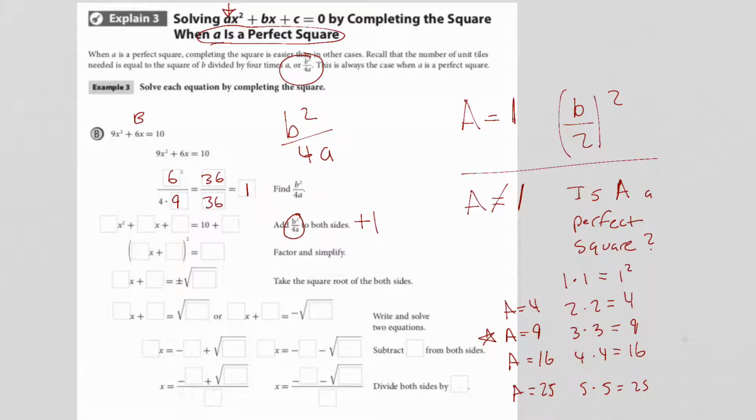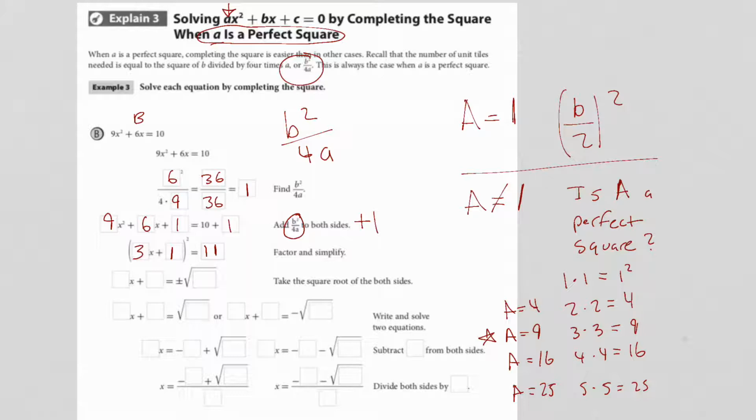So it's going to be 9x squared plus 6x plus 1 equals 10 plus 1. Now that we've done that, we can factor this into the factors of the perfect square 9x squared. We're going to have 3x plus 1 squared, and that's going to equal 10 plus 1, which is 11. And now, because we've completed the square, we're able to solve for x.